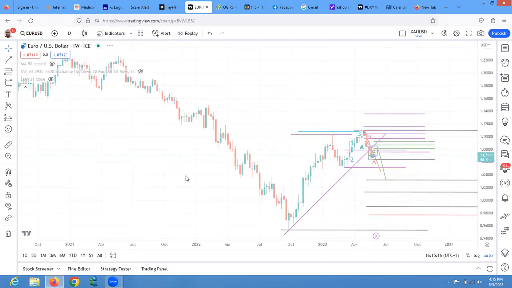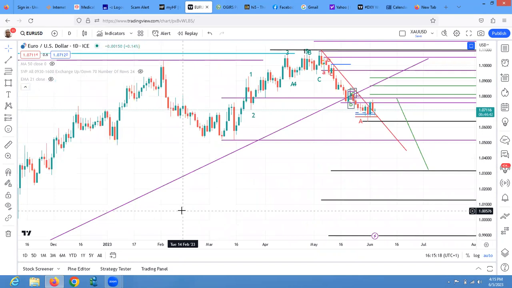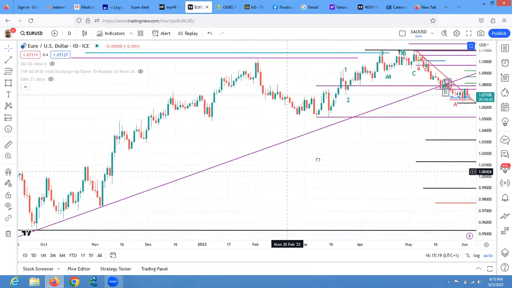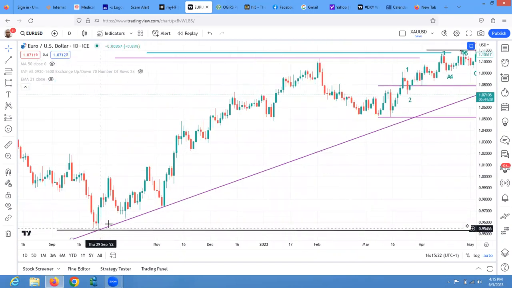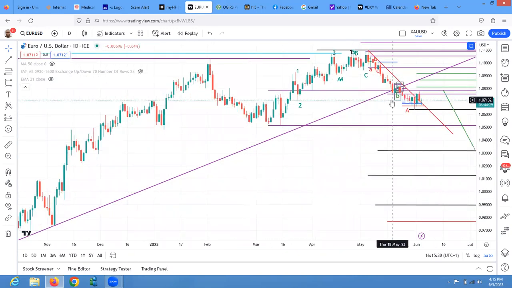Let me go to the daily so that we can see very well. Now we can see that we had this weekly trend formed by a 1 and a 2. Now, that we are breaking it now means probably that we want to do a proper 2 in that time frame too to the downside.